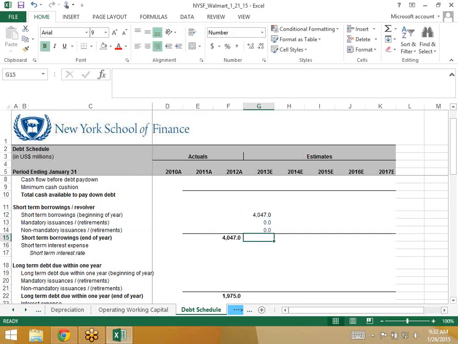But for now, no matter whether it's mandatory or non-mandatory, issuances or retirements, the short-term balance at the end of the year is going to be a sum of the above. An issuance would be a positive number, a pay down would be negative. So if you issue, put a positive number in there and the debt balance is going to increase; negative, the debt balance is going to decrease. So it's always going to be a quick equals, sum of everything from above.